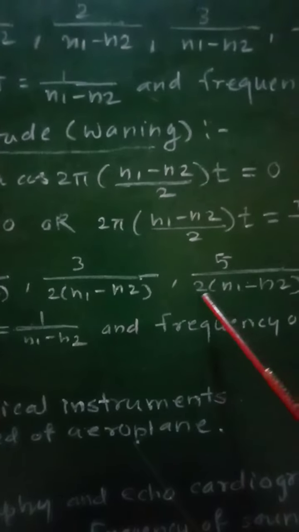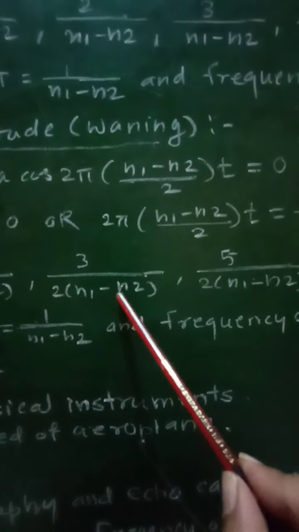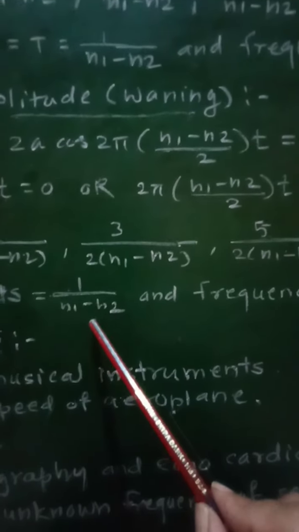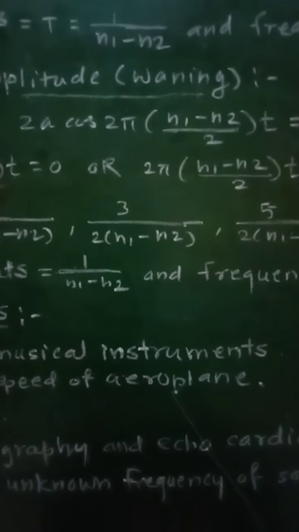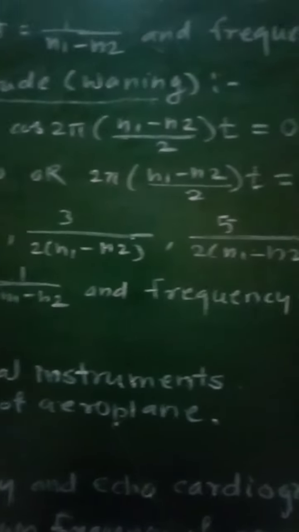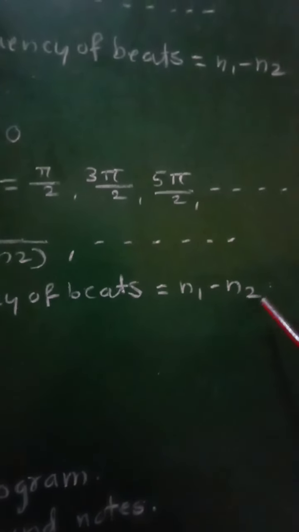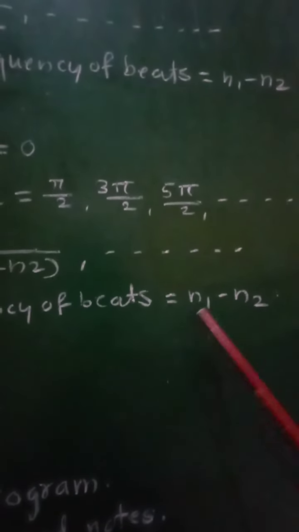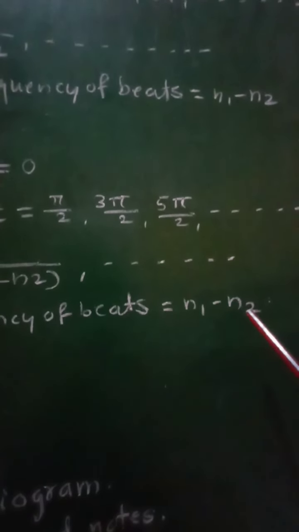Similarly 5 upon 2 into (n1 minus n2) minus 3 upon 2 into (n1 minus n2) will again be equal to 1 upon (n1 minus n2). And hence if the period of beats is equal to 1 upon (n1 minus n2), therefore the frequency of beats will be equal to n1 minus n2, that is the reciprocal of period. So frequency of beats equal to n1 minus n2.